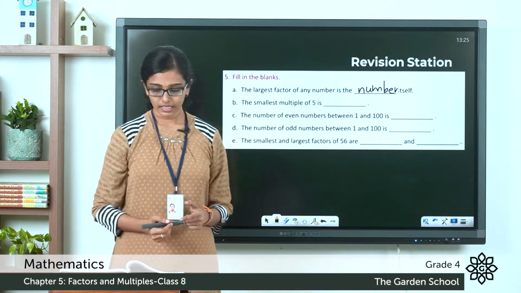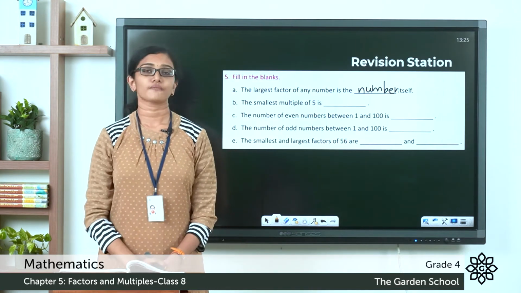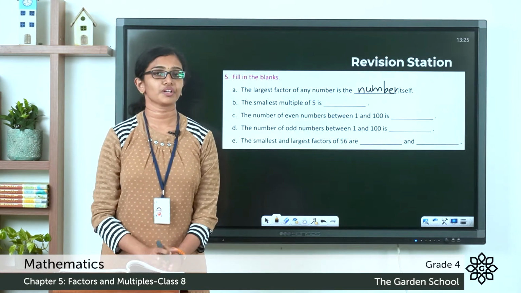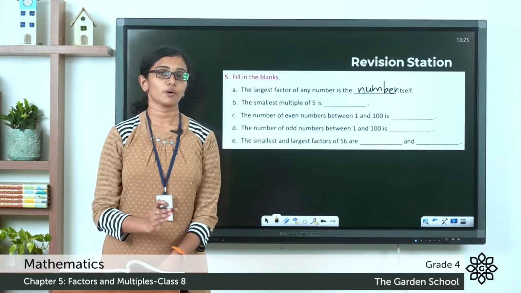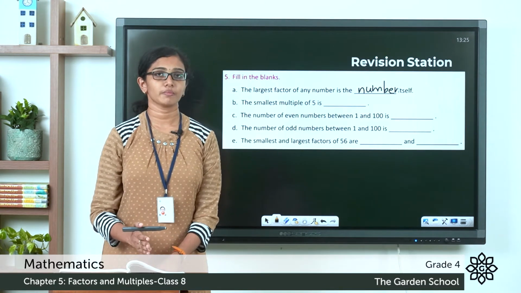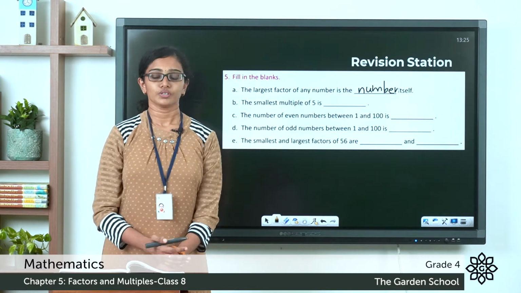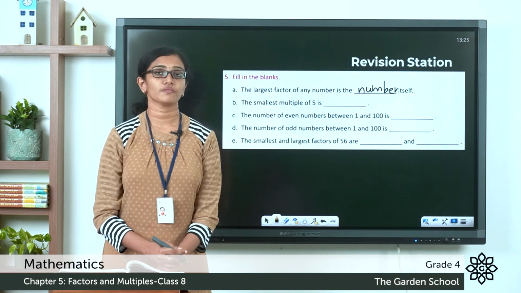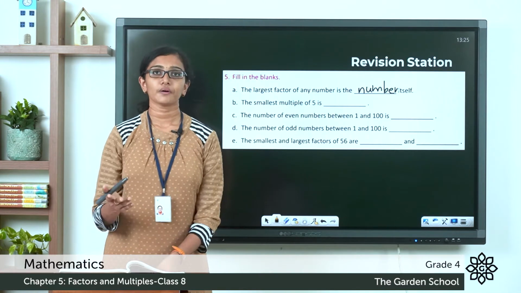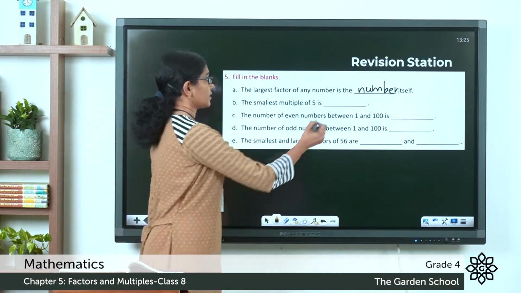Now, question B, the smallest multiple of 5 is dash. So, what are multiples? Multiples are obtained when the given number is multiplied with numbers such as 1, 2, 3 and so on. So, what is the smallest multiple of 5? 5 ones are 5. So, let's write 5 here.